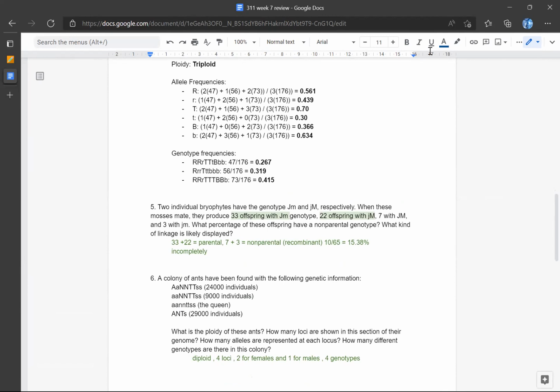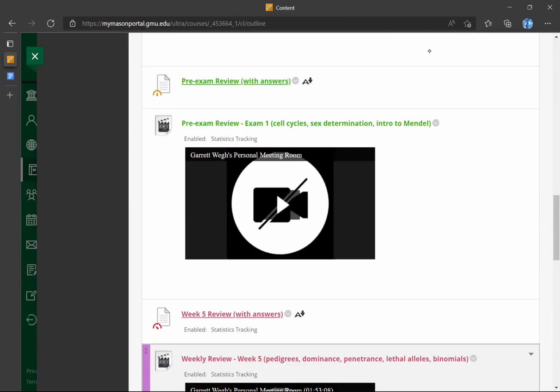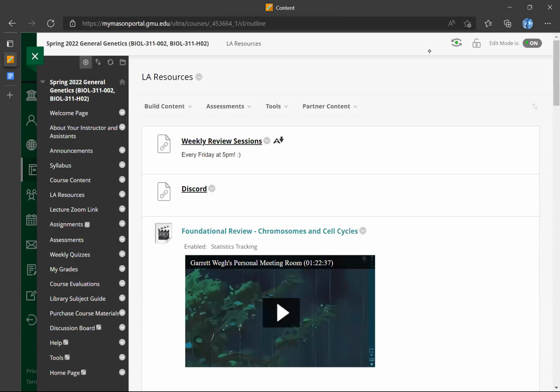It simply asks what percentage of offspring are recombinant based on a cross that we see. Did you want to explore that some more, Maya? Okay. Let's see if there's a nice example waiting for us. Certainly, Carla.